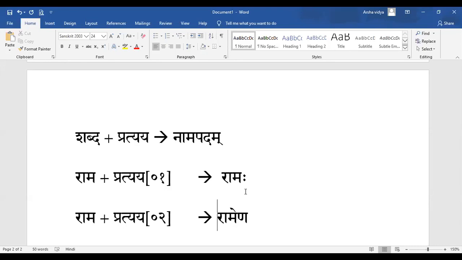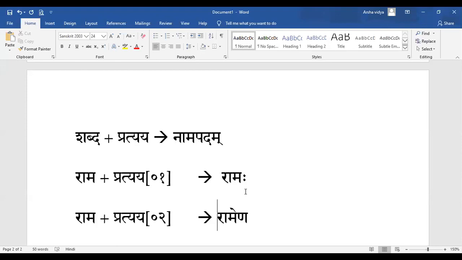In English, and in Hindi also, Ram ko, Ram ne, Ram se, Ram ka, we use, right? What are those things? Prepositions. In Hindi also the prepositions are separate. But in Tamil it is not like that.